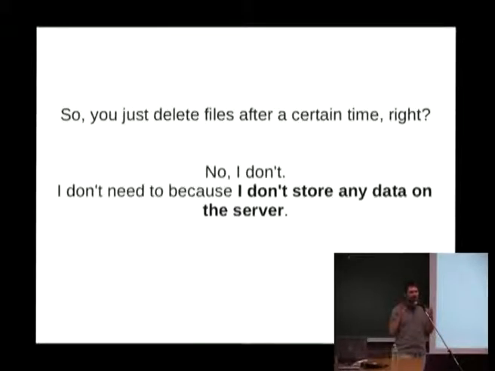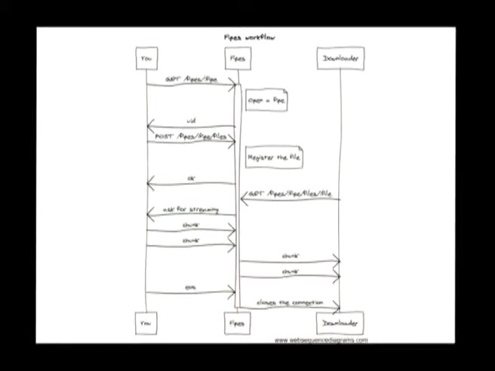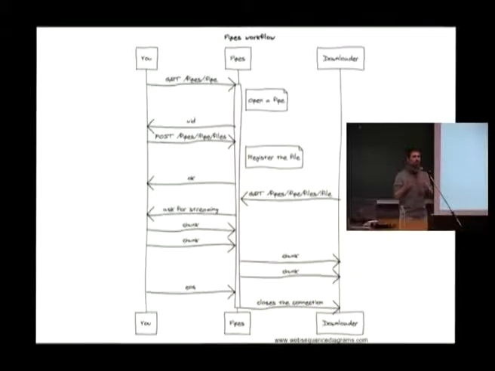So to understand how it works, we will see a little diagram. The idea is you just connect to the web page via a WebSocket, and it gives you a temporary user ID, and it will allow you to register files to share with your friends. But as soon as you create a link for your file, you don't upload data yet.